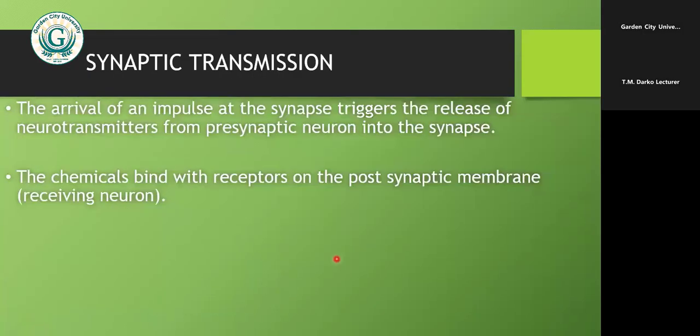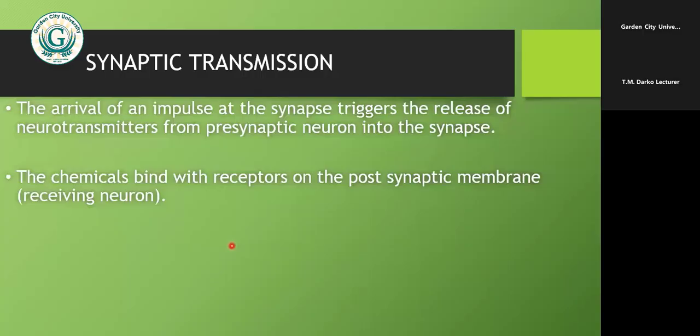Good. So let's do some reading here. The arrival of an impulse at the synapse triggers the release of neurotransmitters from the presynaptic neuron into the synapse. The chemicals bind with receptors on the postsynaptic membrane.